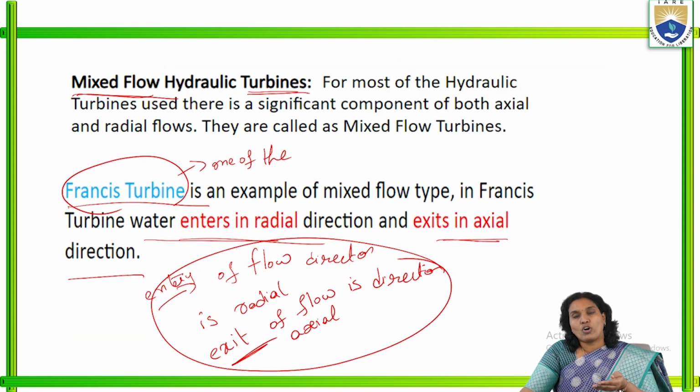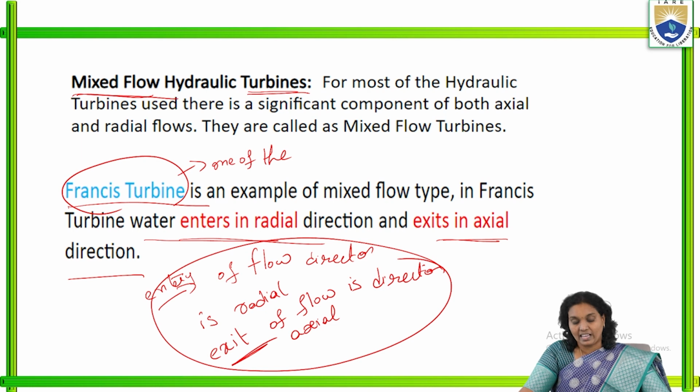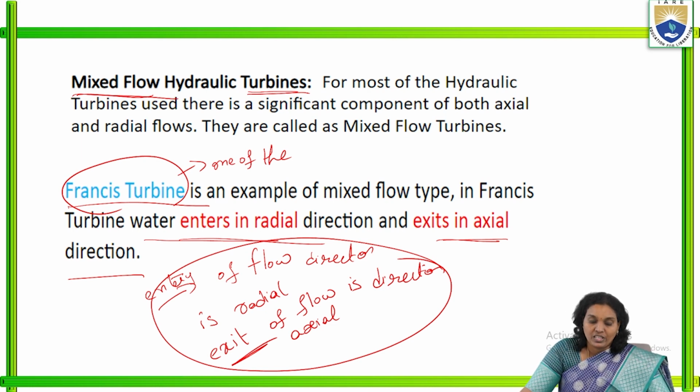Whenever the water enters in the radial direction and exits in the axial direction or vice versa, such flows are known as mixed flows. The Francis turbine is one example of mixed flow. This is one way of categorizing the turbines.